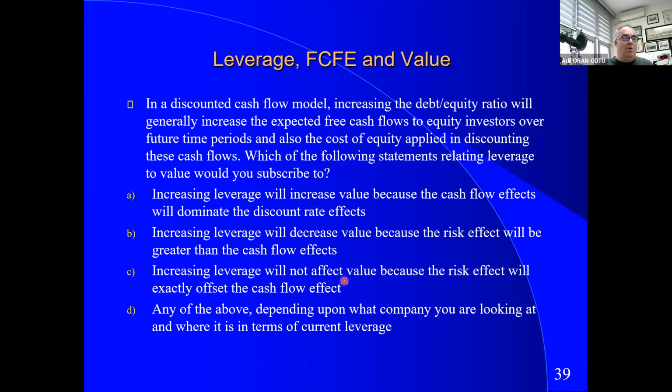Or if you argue that there's an optimal debt level, an optimal debt ratio, that the value of equity rises up to that point and then falls beyond it, then you might say all of these hold depending on where you are. At very low debt levels, probably increasing debt will mean that the value of equity goes up to a certain point where it remains constant, and then it starts coming down when you have excessive debt. So that's where we are.